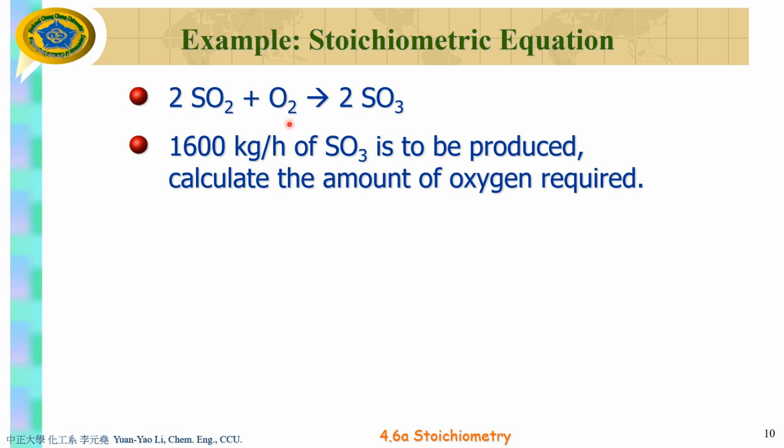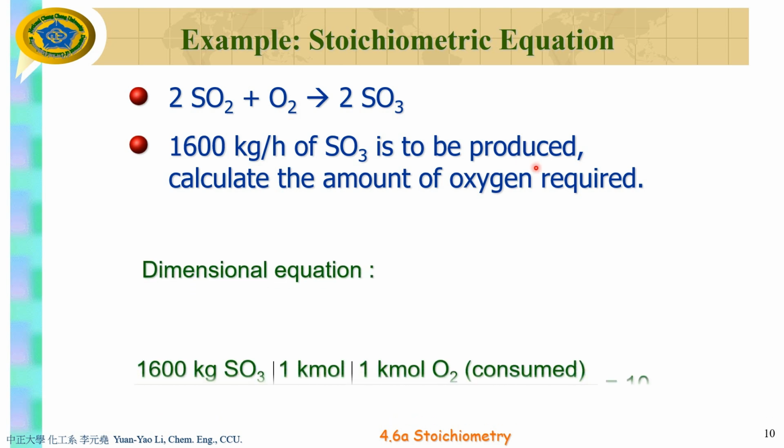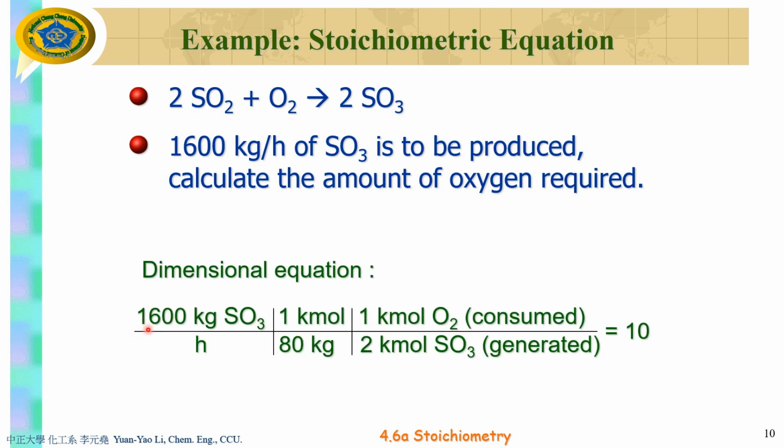I'm sure you can do this. This is a junior high school level question, so please do this by yourself. But the important thing is that if you can do the dimensions, you can solve this with a dimensional equation. You upgrade from junior high school level to college level.